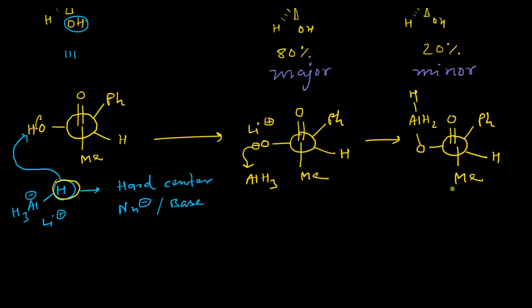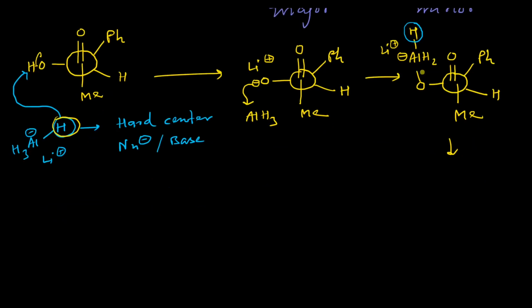So in the next step, this new lithium aluminum hydride derivative will then again donate one hydride to another molecule of carbonyl compound, and as soon as this particular hydride is transferred, the chelation will take place.